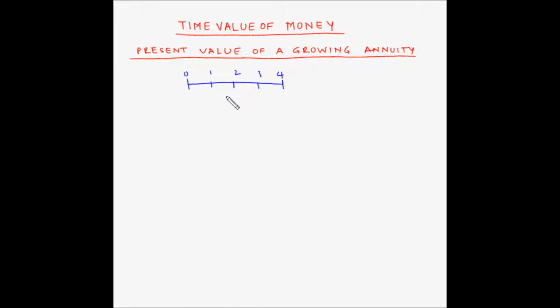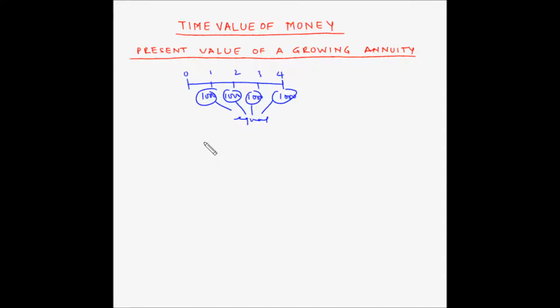Let's say a 4-year tenure. The cash flow will be 1000, 1000, 1000, 1000. So basically, all of these are equal. However, there are situations where the cash flow may grow at a constant rate.